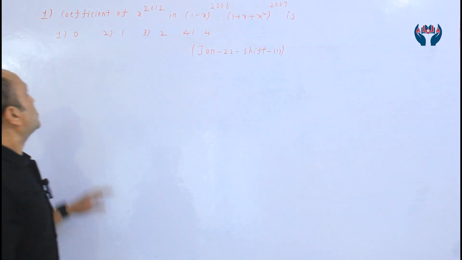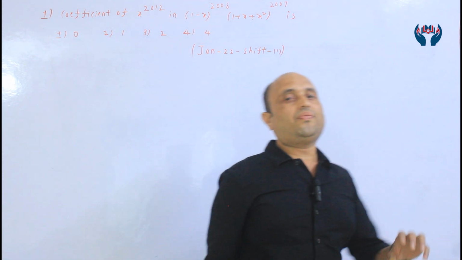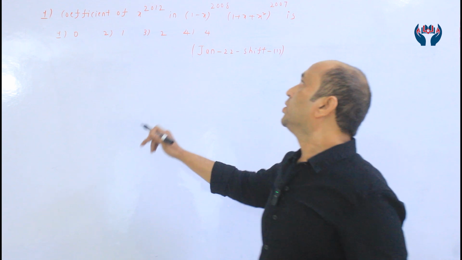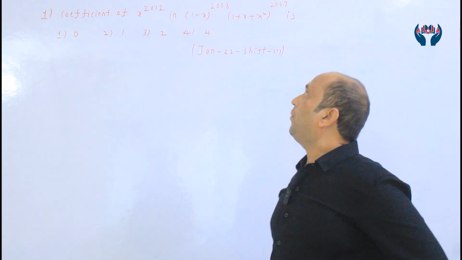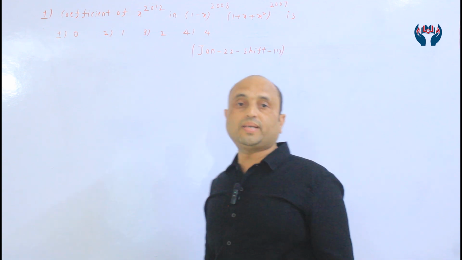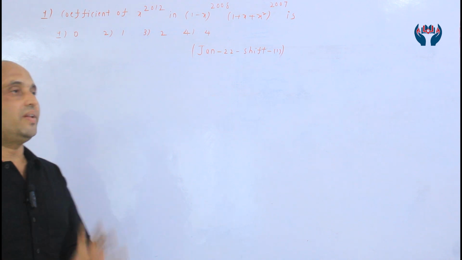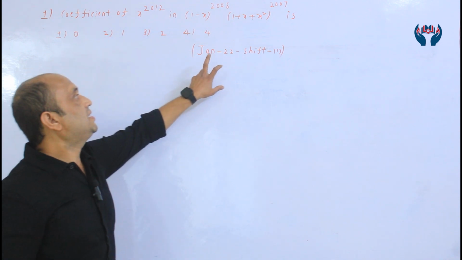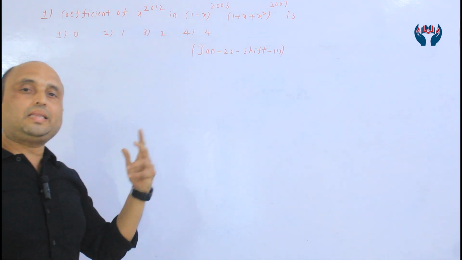So this is the first question. The coefficient of x to the power of 2012 in this expansion: 1 minus x whole to the power of 2008 into 1 plus x square whole to the power of 2007. This is a recent question, January 22 shift 1 question from binomial theorem.